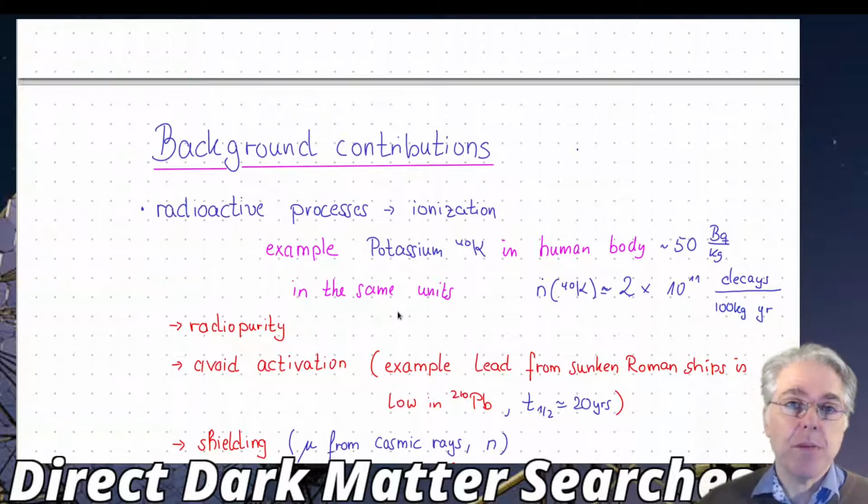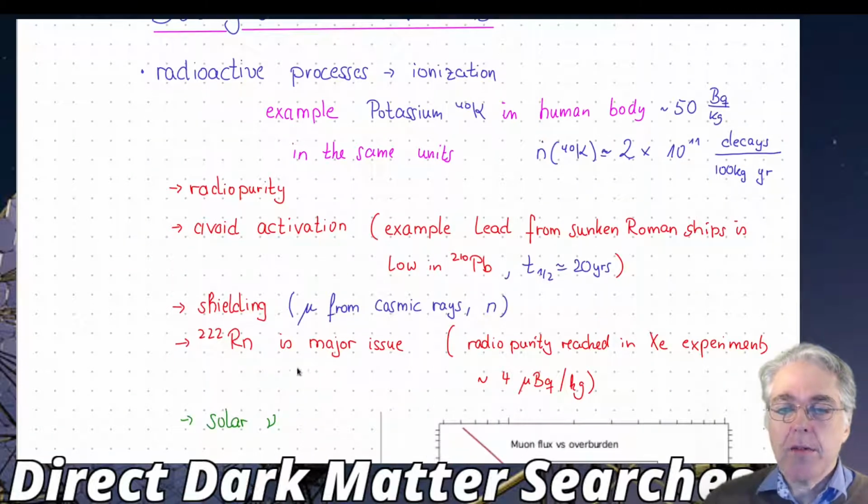That's why whenever you see people working with these kind of detectors, they typically wear lots of protective gear, not to protect themselves, but to protect the detector against contamination. And radiopurity is not only an issue about getting rid of the isotopes which are maybe naturally abundant, but also to avoid activation. Specifically for shielding, it's very important to choose material which is radiopure and has not been activated recently.